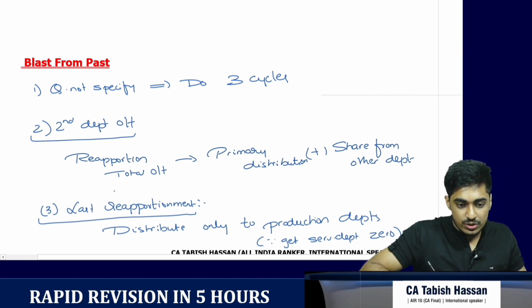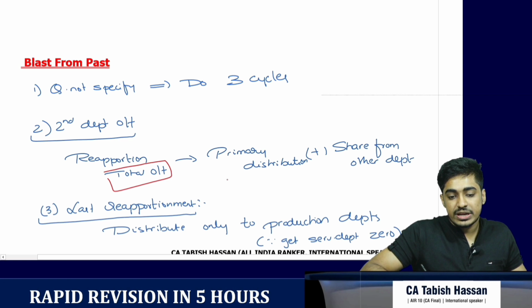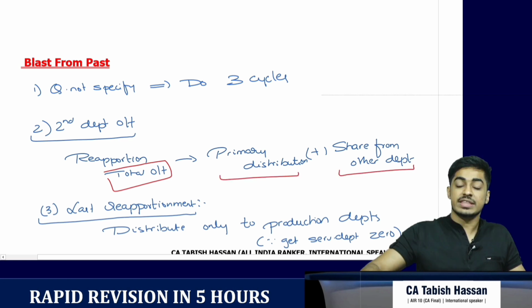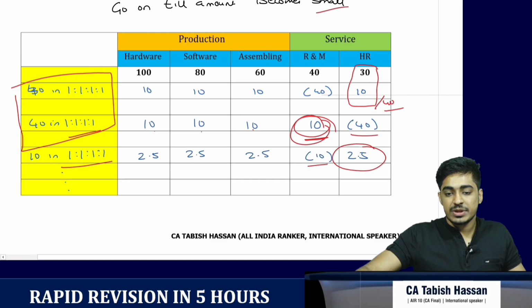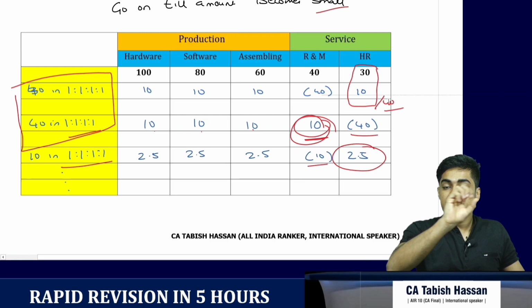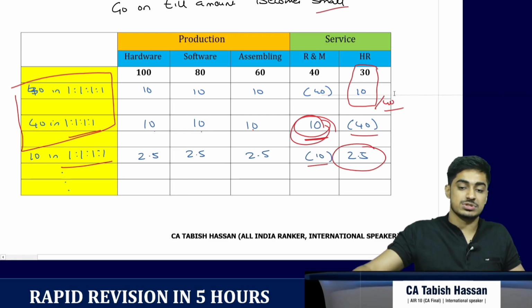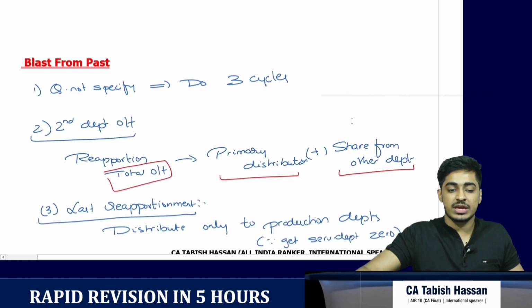So what is total overheads? It is overhead as per primary distribution plus share of other department. So here we saw, as per primary distribution we have 30 rupees plus additionally we also had 40 rupees. So primary distribution plus share, that is 40 rupees, we will have to reapportion again. That's the second point to be kept in mind.